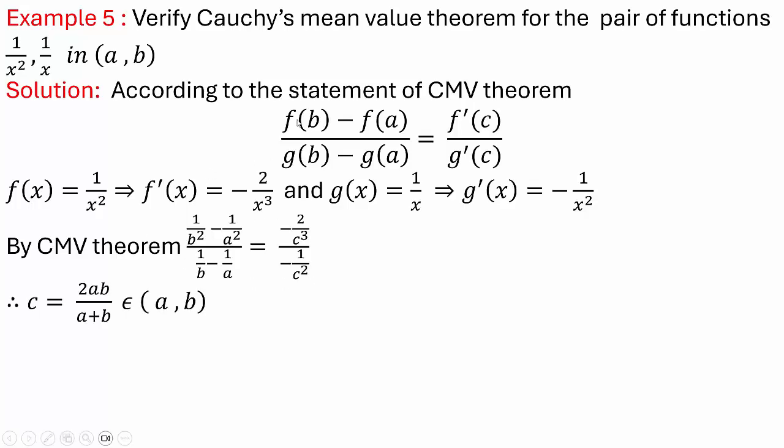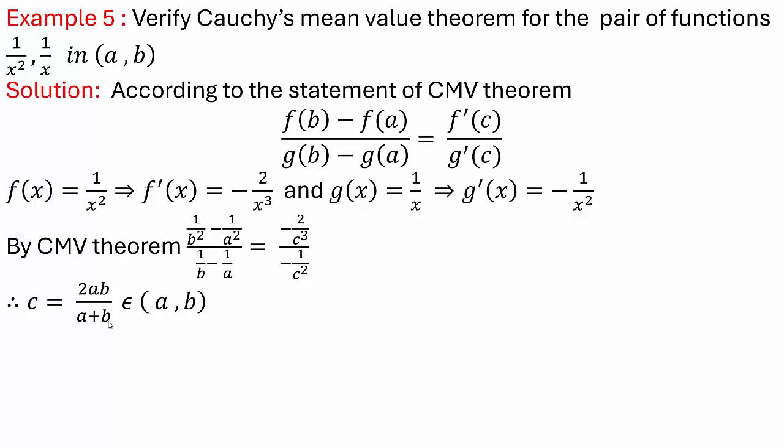If we calculate this, we get (a square minus b square) divided by a square b square, divided by (a minus b) divided by ab. One ab gets cancelled, and (a minus b)(a plus b) divided by (a minus b): a minus b gets cancelled and there remains a plus b in the denominator. And hence we get c equal to 2ab divided by (a plus b).